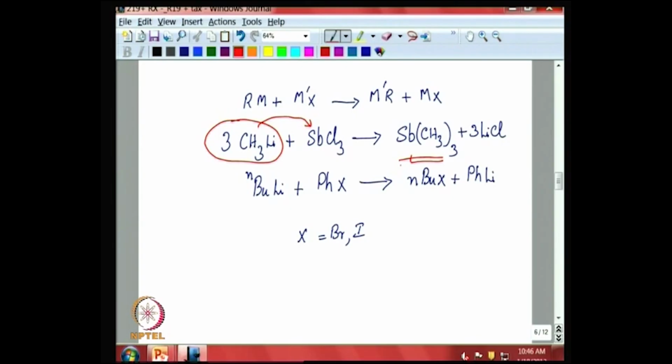Here is another example which is slightly different from what we have discussed earlier, and here I am going to transfer a butyl group.